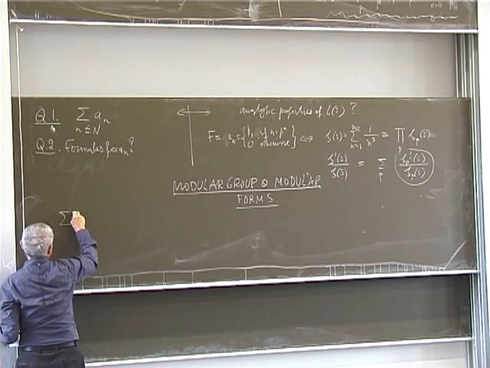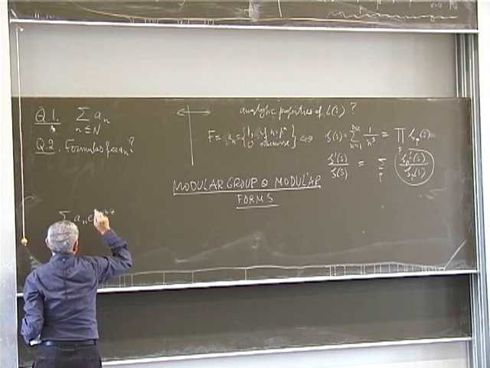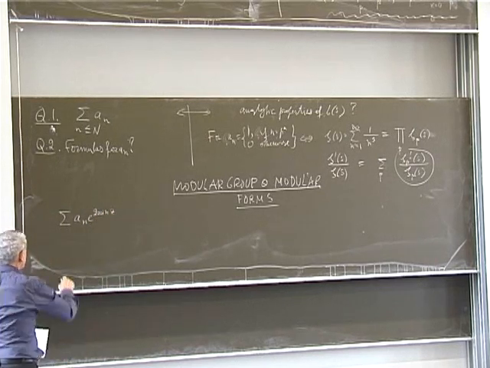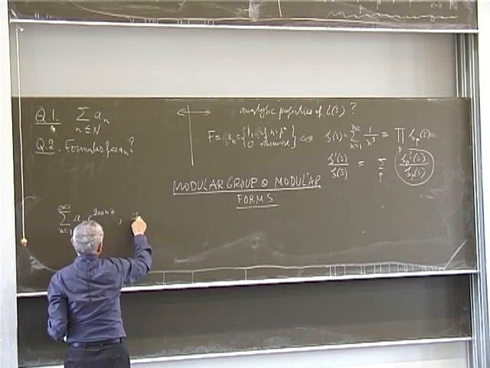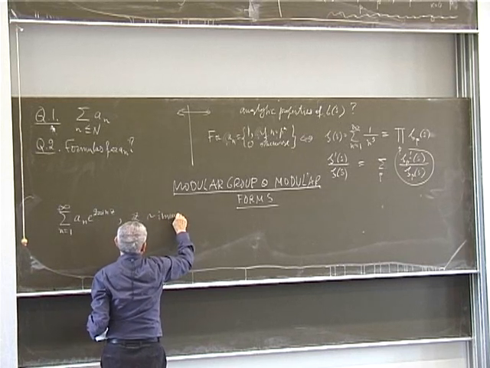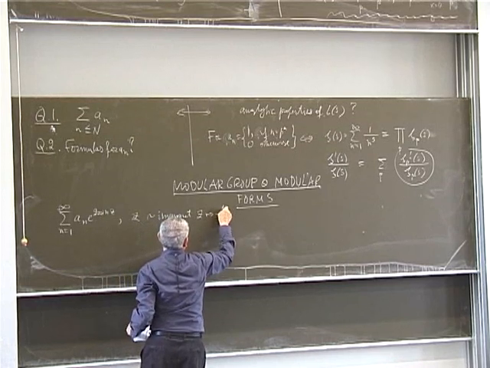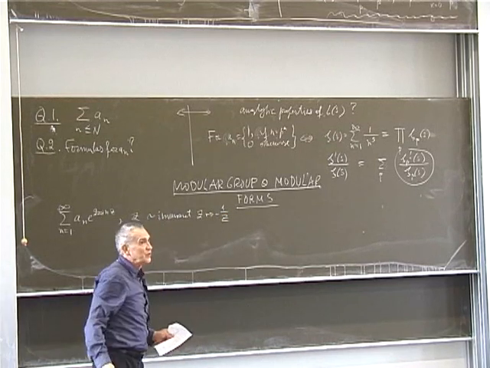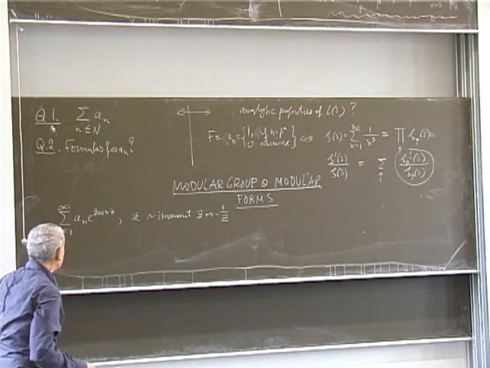Namely, I have been considering Fourier series of this kind, and I want them to be invariant or almost invariant with respect to the transformation which I have introduced, just because I wanted to explain where you get functional equations for L series from.